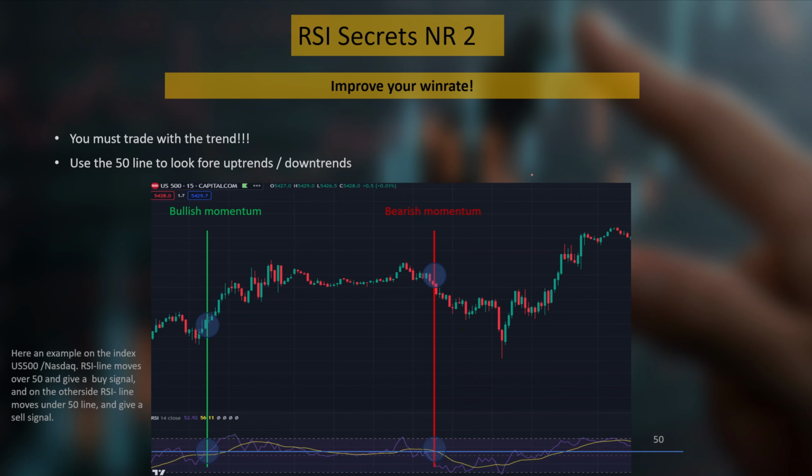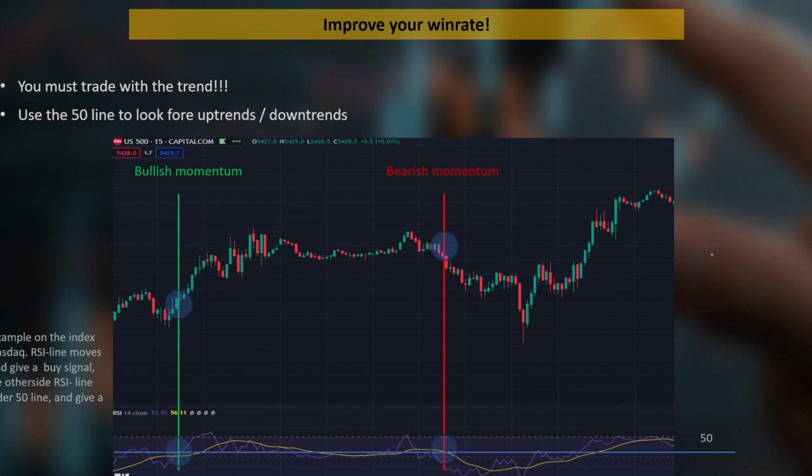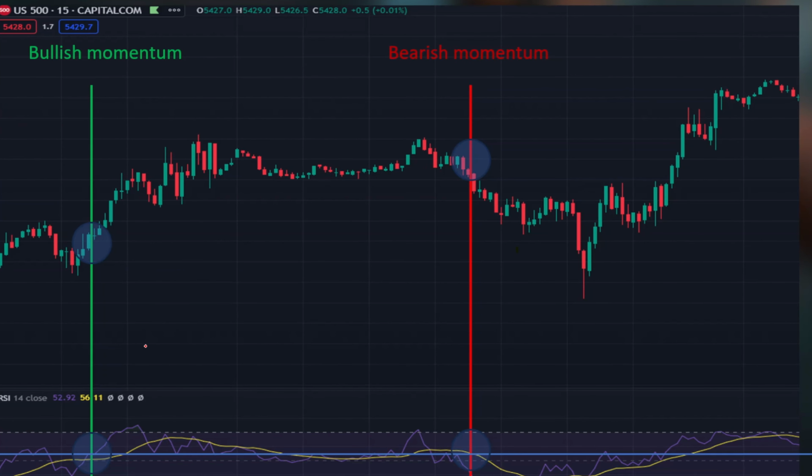RSI secret number two: you can improve your win rate by using the RSI as a great trend momentum tool, and I will show you in this case. In a bullish momentum, we can see here, when it crosses the 50 line, it's time to buy.